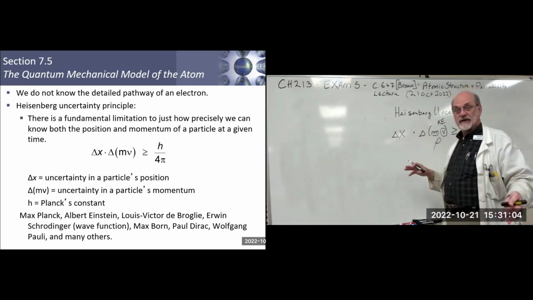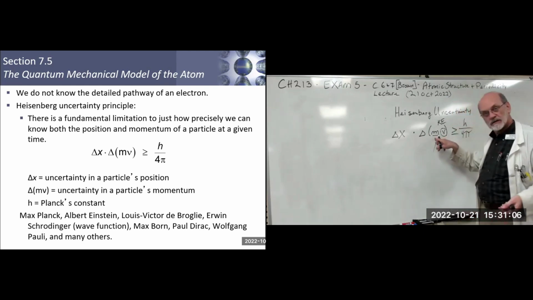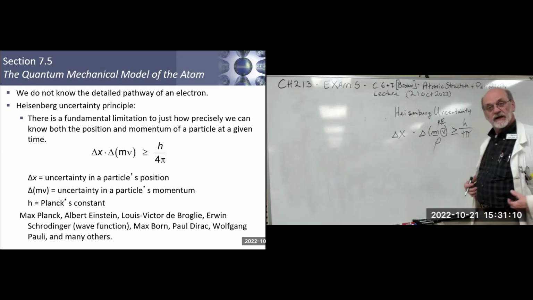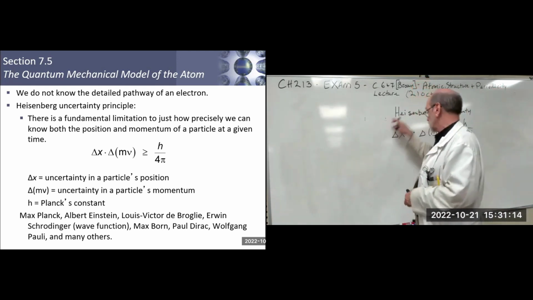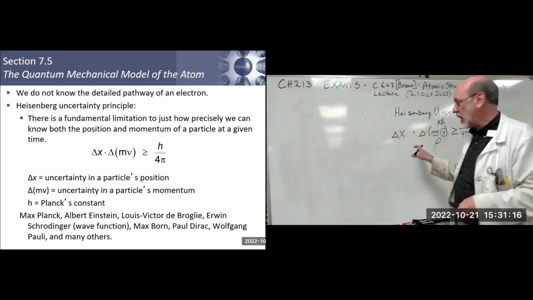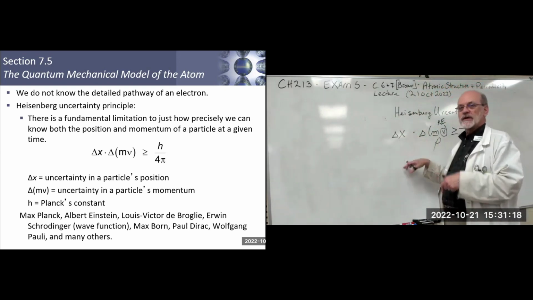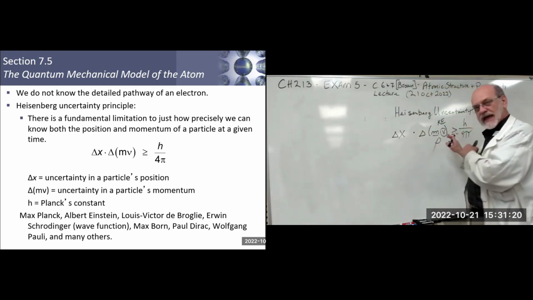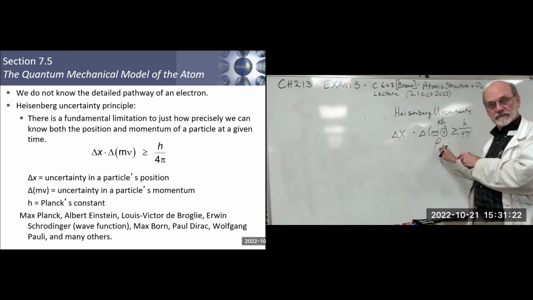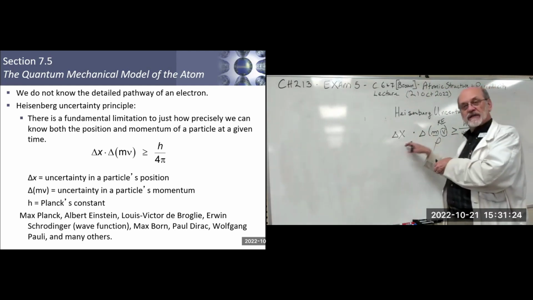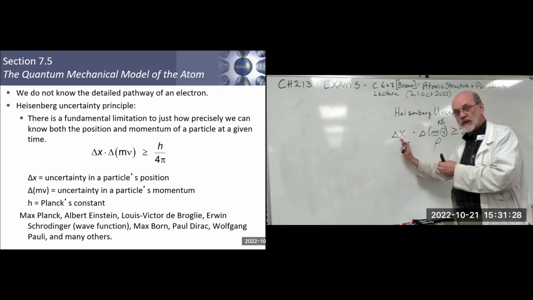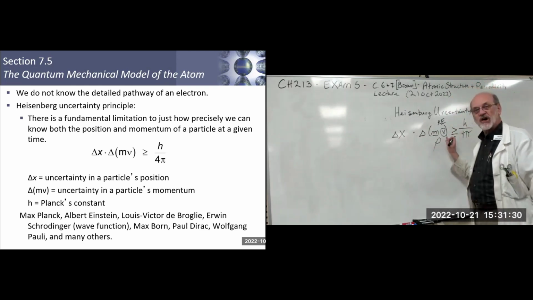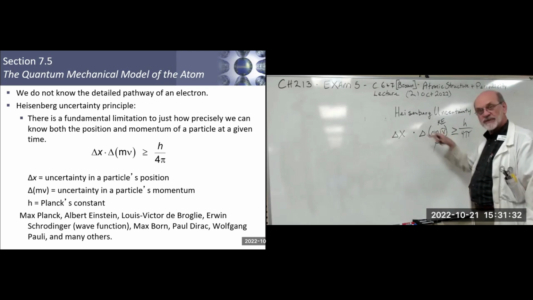You don't know where it is because it's so small and moving fast. Okay, so any of the subatomic particles fall under this principle. They're so small that you can't know both position and energy at the same time. If you fix one, then the other is just too large. If you fix this position as very small, this has to be extremely large, this discrepancy.